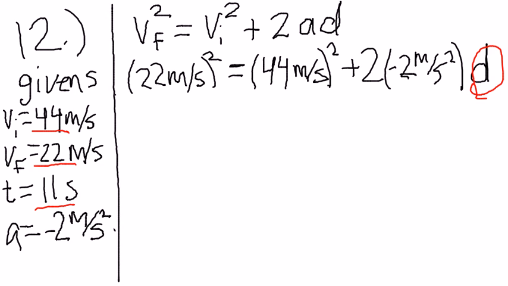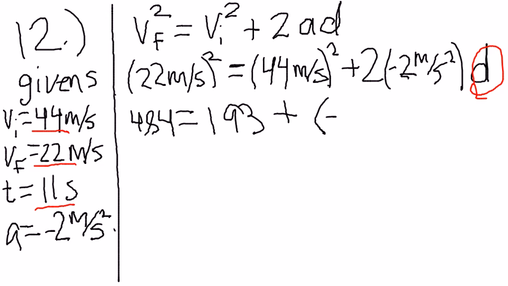So the final velocity squared will equal 484 meters squared per second squared, and the initial velocity squared will be 1,936 meters squared per second squared. And then if you multiply 2 times the acceleration, you get negative 4 meters per second squared times displacement.